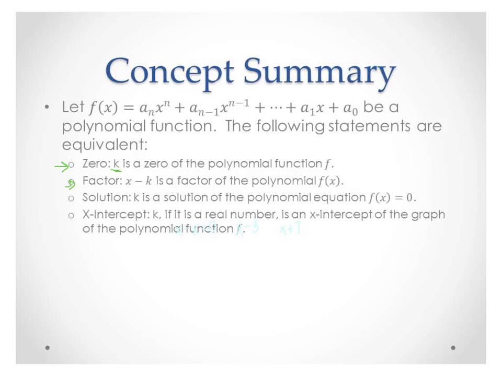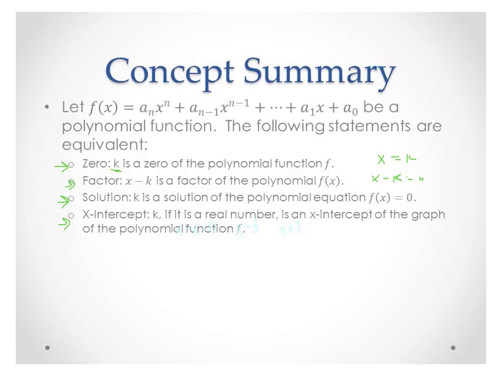Remember, if x equals k, we subtract k to the other side, and then we get our factor. If we have a zero, then we have a factor, which also means we have a solution because our solutions are our zeros. And then that means we know what the x-intercepts are because our x-intercepts are our solutions.